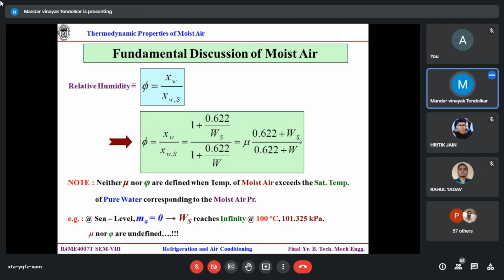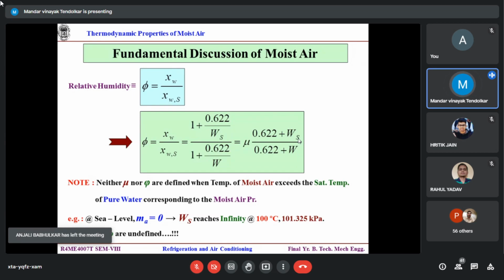Then what happens? Say for example, sea level. Exactly just above the surface of the water, what we consider is entirely moisture. So over there, Ma is equal to 0, and your WS reaches infinity.